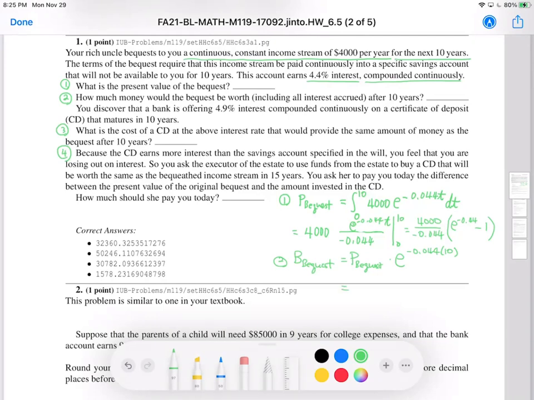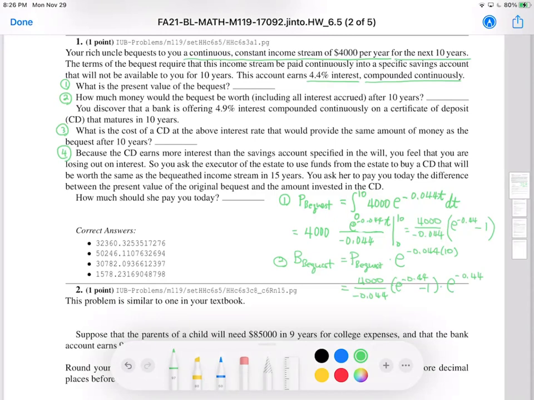So this is equal to 4,000 divided by negative 0.044 times e to the negative 0.44 minus 1 times e to the 0.44. Okay, you want to simplify this.